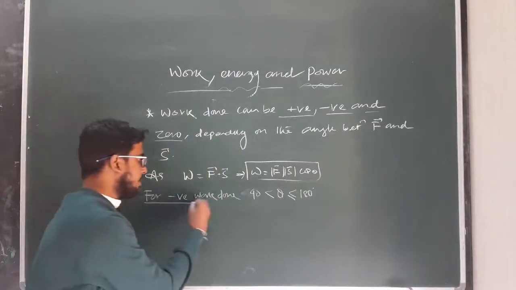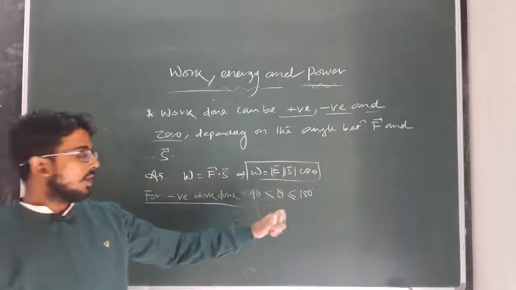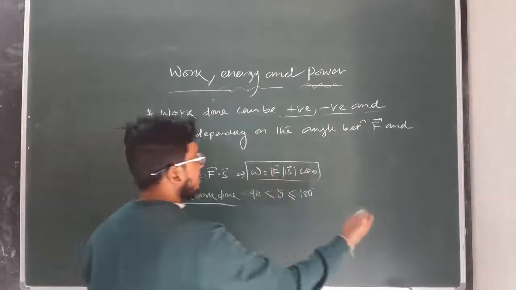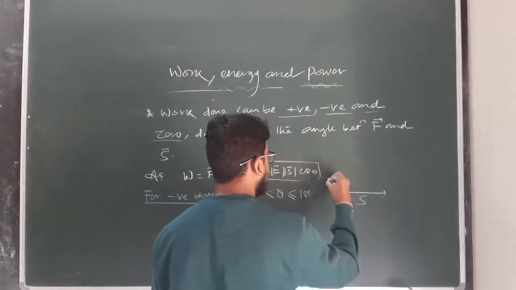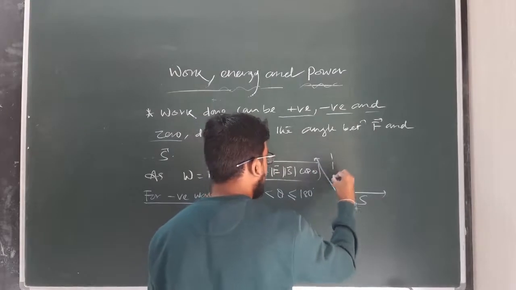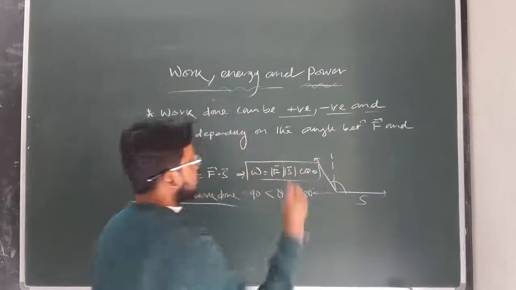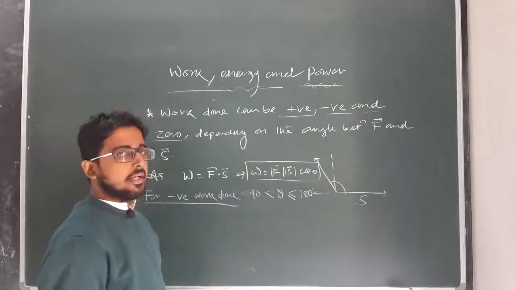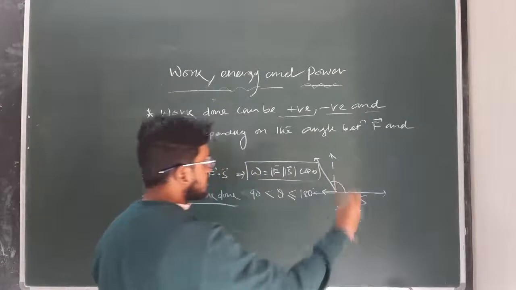Clear? So if the angle between the displacement and the force applied like this is greater than 90 degree and lies up to 180 degree, then the work done will be negative because it has two components, one along this direction and the other along this direction.